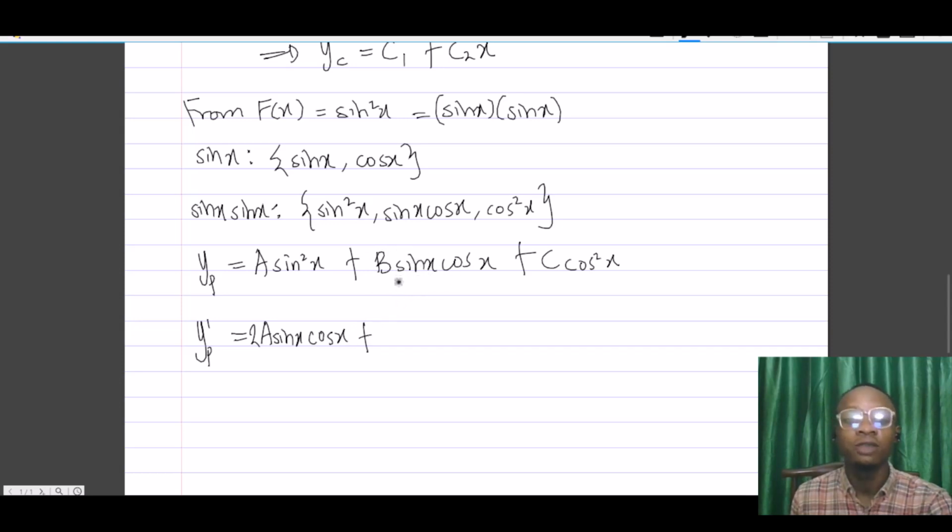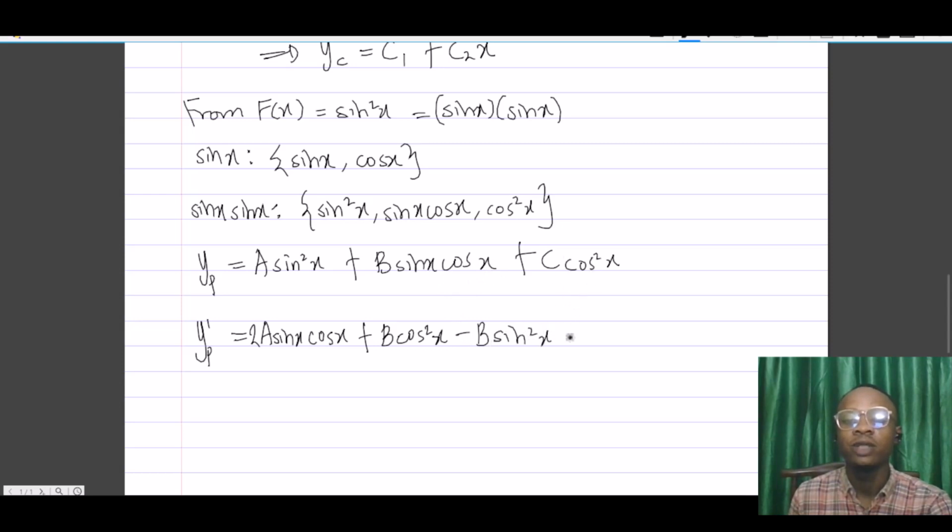Then come here, derivative of this. This is a product of two functions. So derivative of sine x is cos x, so this will give us b cos x multiplied by cos x, that's cos squared x. Then when we differentiate cos x, it will give us minus sine x, so this will become minus b sine squared x.